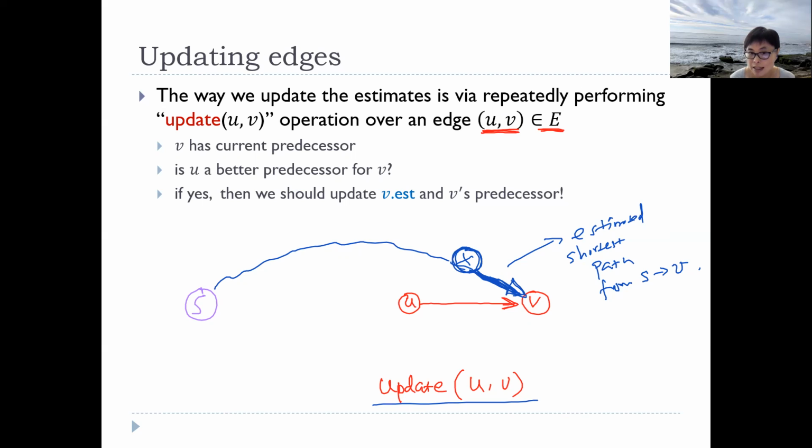So is U a better predecessor for V along some path? If there's a path going from S to U and then UV that is shorter than this current best one I found, and that answer is yes, then I'm going to update my predecessor from X to U, because now I found a better way to reach V. And then I update the distance to be the new path length.